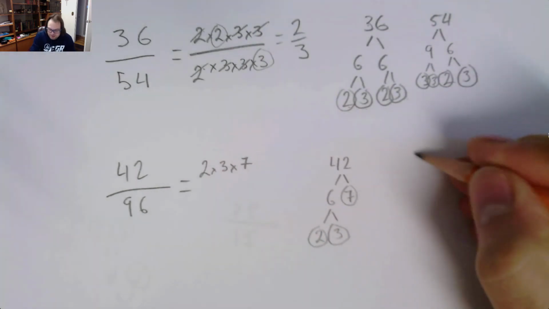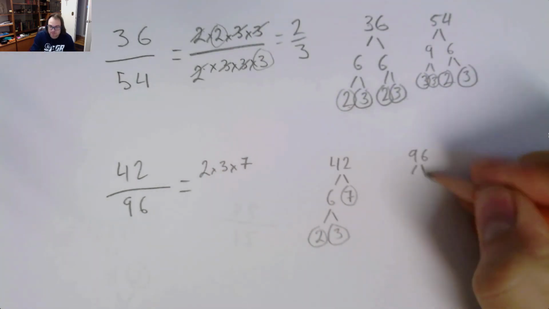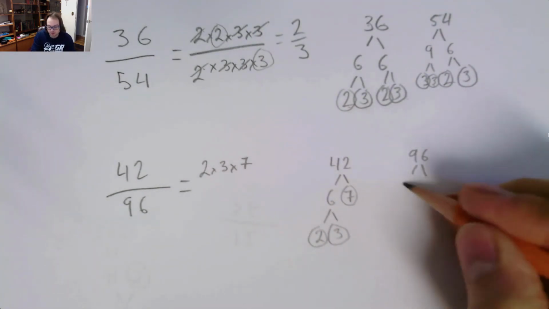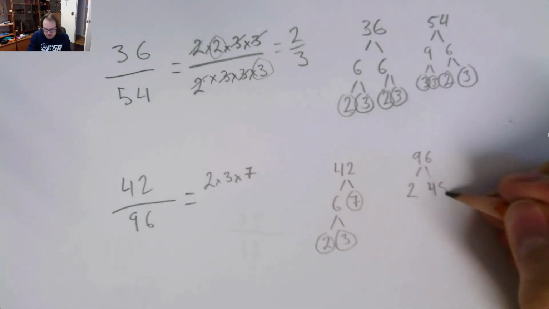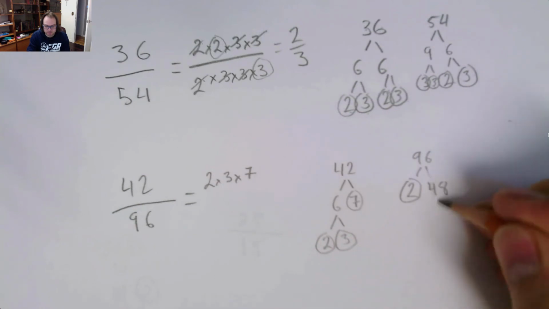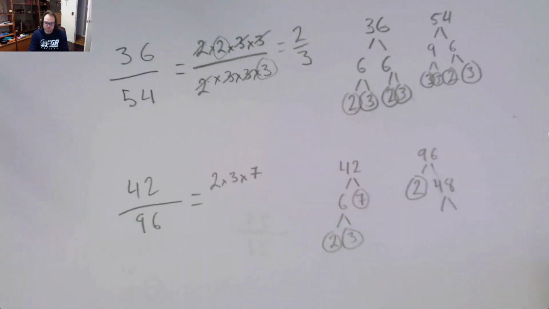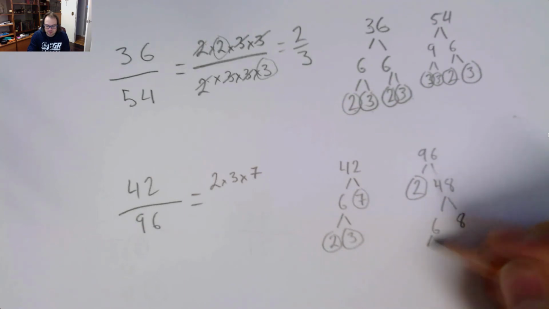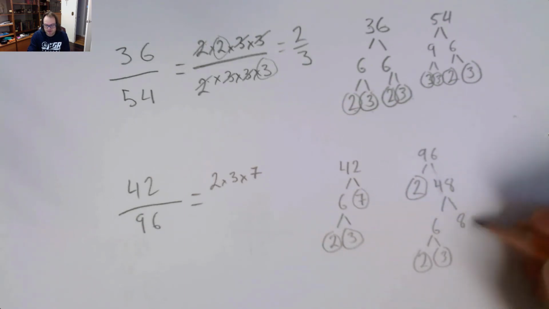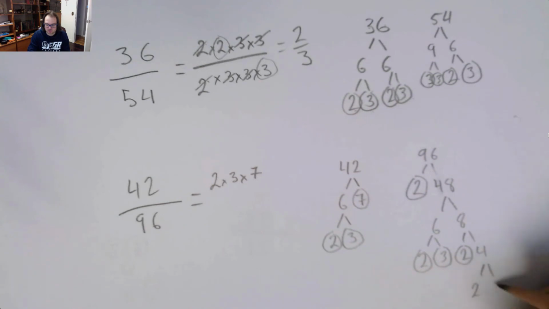Now let's look at 96. 96 I know can be divided by 2. If I divide 96 by 2, that's going to give me 48. 2 is prime. 48 is 6 times 8. 6 is 2 times 3. 8 is 2 times 4. Circle the 2 because 2 is prime, and 4 is 2 times 2.